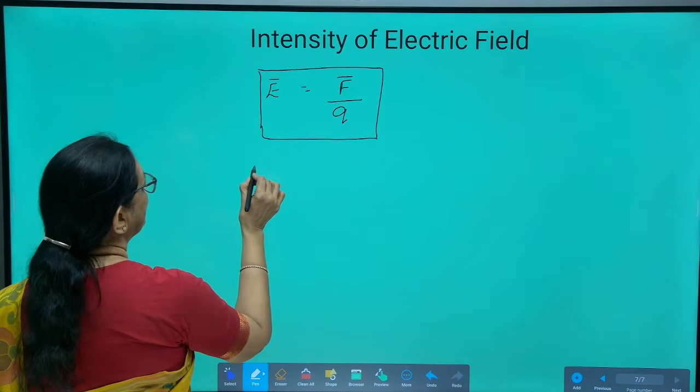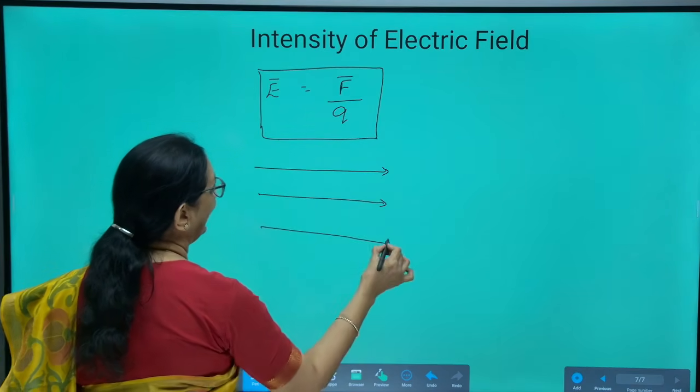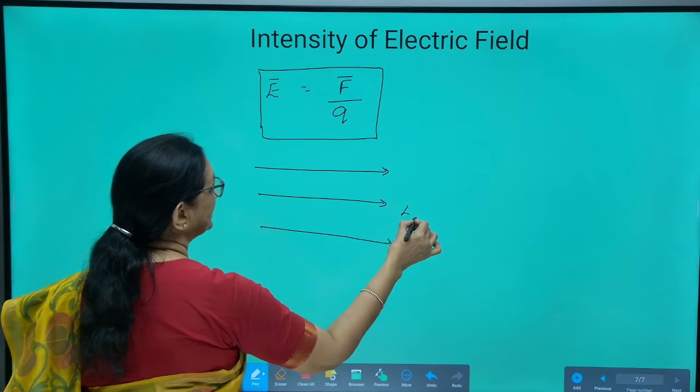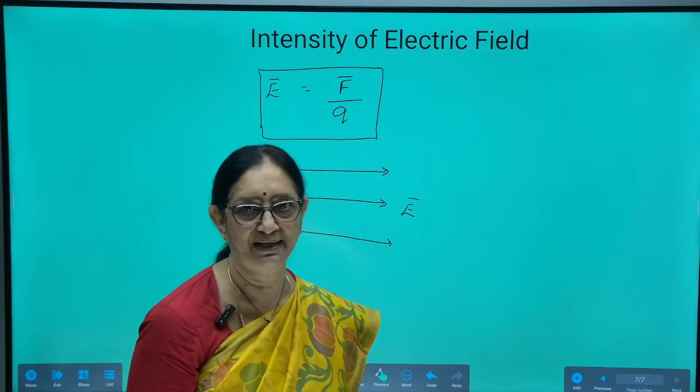I told you already, a uniform electric field is represented by straight parallel equally spaced lines.